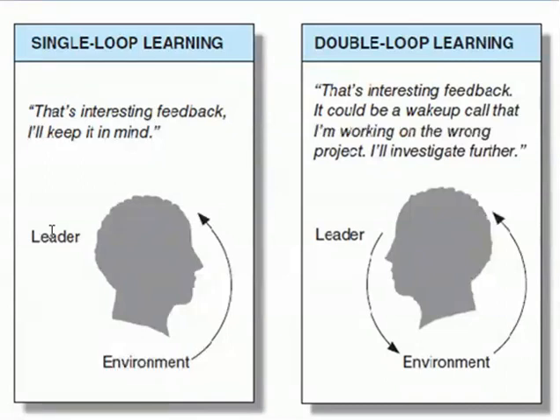Like single loop learning, here the environment gives some feedback to the leader. How he receives it and keeps it in mind, but doesn't react to it, and investigates further to understand. In double loop learning, the environment keeps giving feedback all the time.